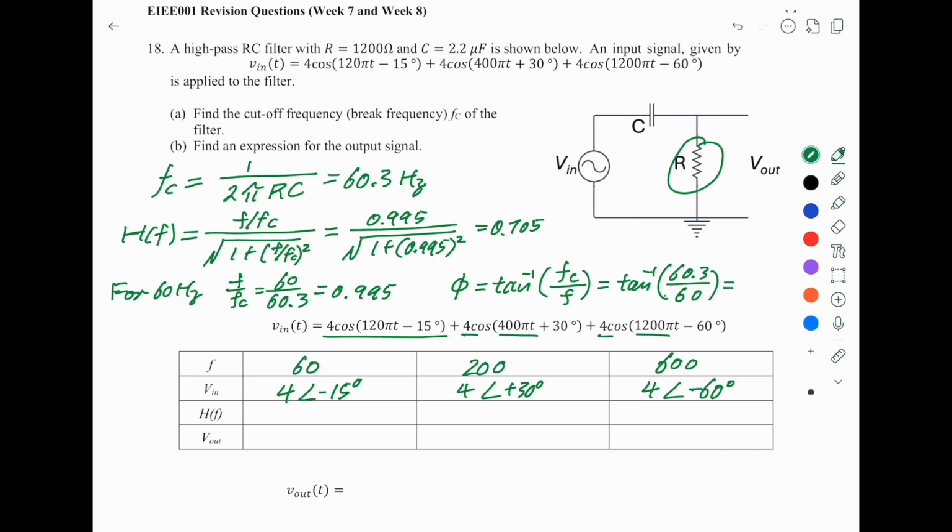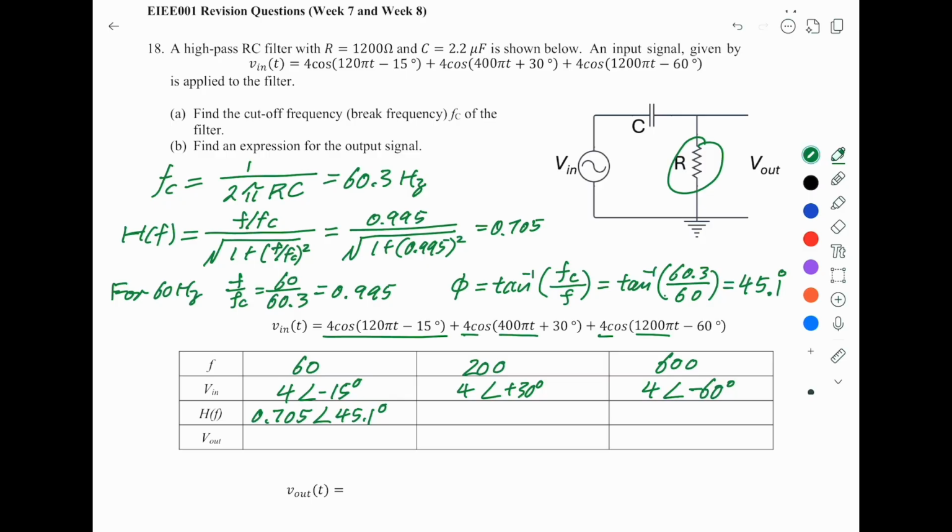If you plug this into your calculator, you will find this is 45.1 degree. So for 60 Hz, the transfer function is 0.705 and the angle is 45.1 degree.